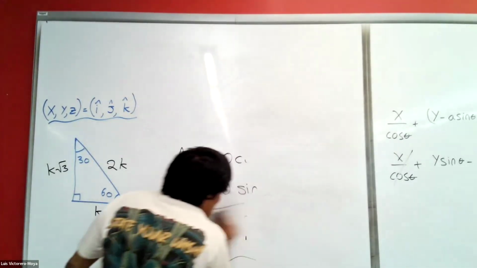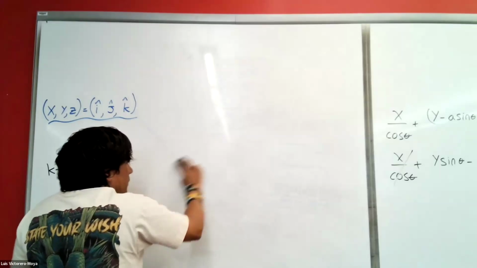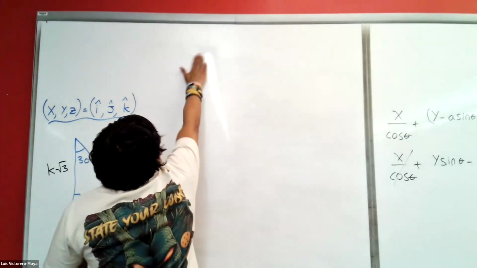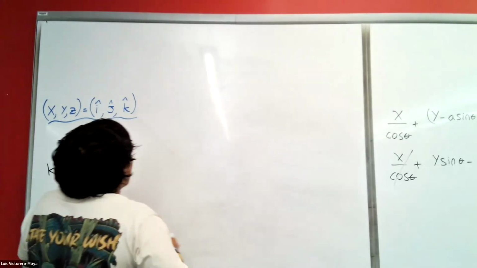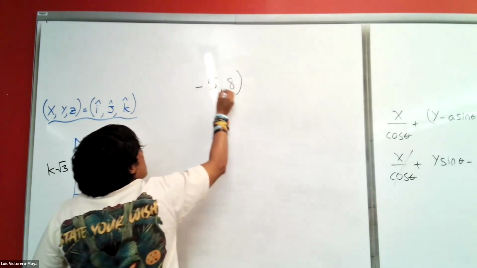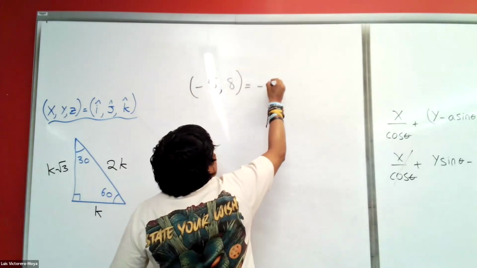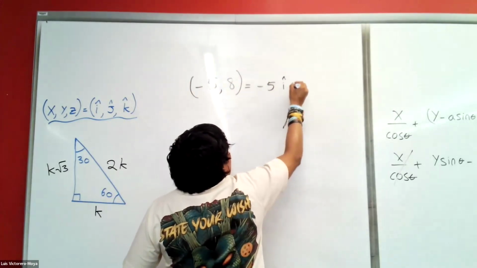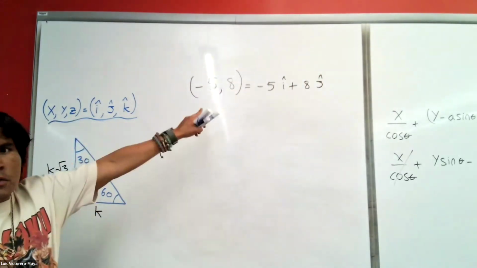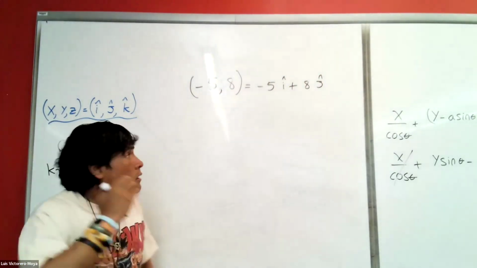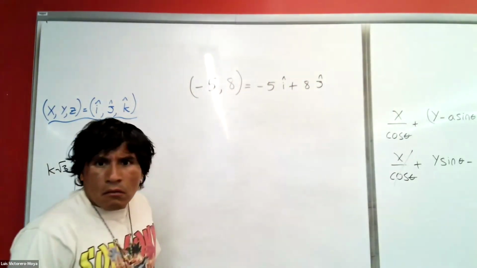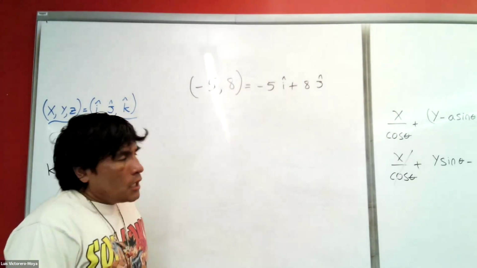It's something that you probably have done in algebra or pre-calculus. Like when you have negative 5 comma 8, that's negative 5i plus 8j. That's what you have to do.